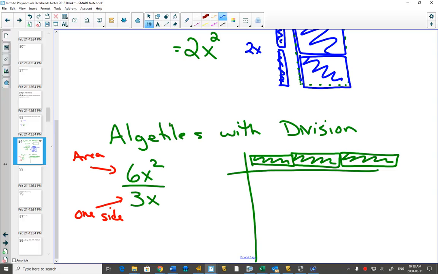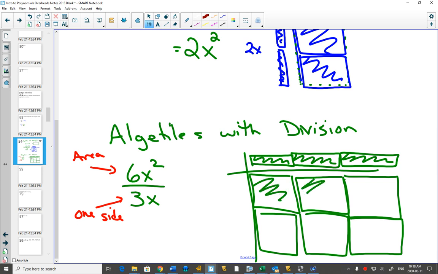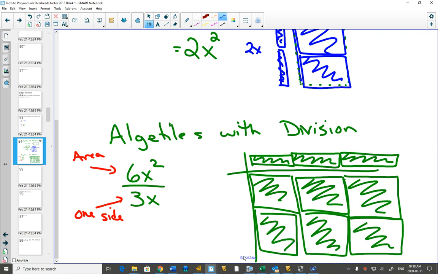So if I drew 3 x's that way, can you see that you could make x squareds under those ones? 1, 2, 3. That would fit under those 3. But we need to make 6 of them. Can you see that I would need to add another row? 4, 5, 6. And of course, each of these would be shaded in because they're positive. If I did that, what would I have to draw on this side to get the other side length?